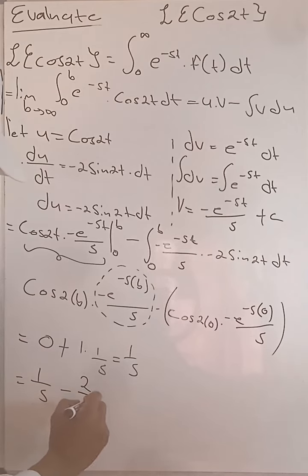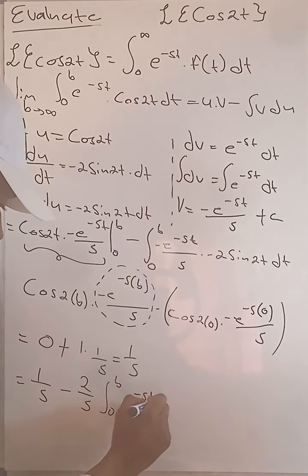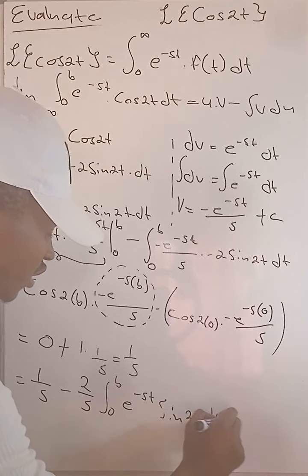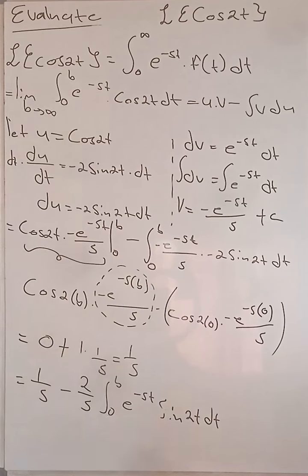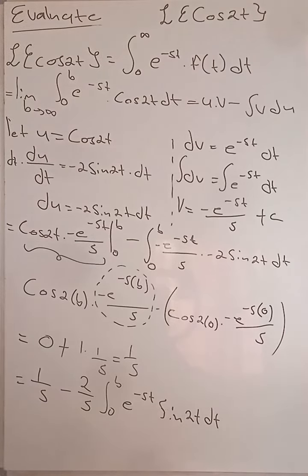But 2 and s are constants. I can take them out of the integral from 0 to b of e^(-st) sine 2t dt. But if you check, you'll realize that this is actually the Laplace transform of sine 2t.